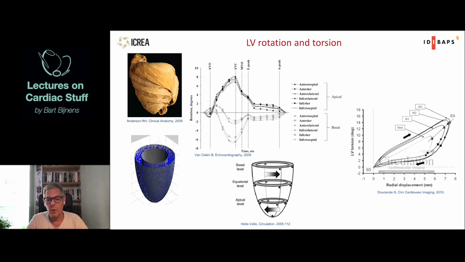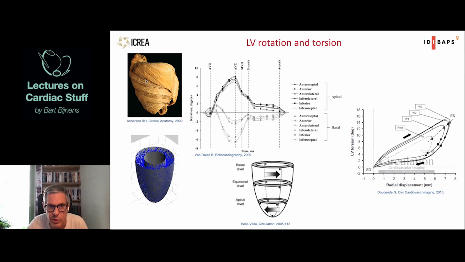Now, what is going on there, and there are some interesting studies to understand a little more about volume loading. As I said before, I've been talking about rotation and torsion. The base and the apex rotate differentially with regard to each other.